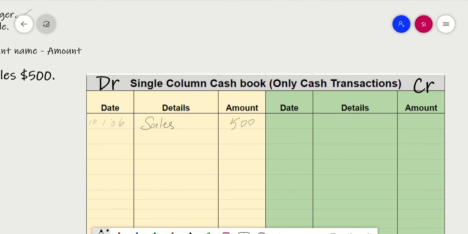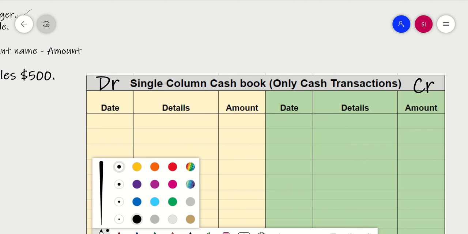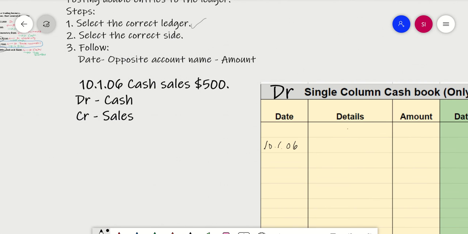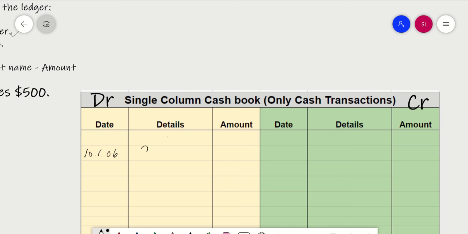Right? Make sure to leave a line because we need to write the opening balance. So let me leave a line and write it on 10th of 1st, 2006. You can see this transaction date and then opposite account's name, sales, and the amount is 500.